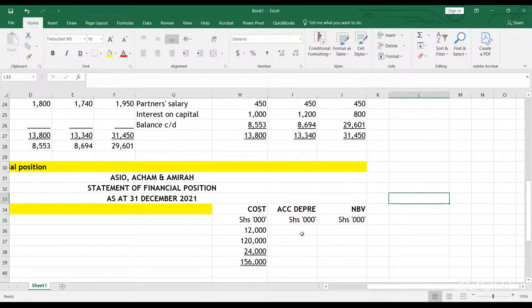Now we are going to look at the depreciation of these assets. Remember, non-current assets depreciate. So we have to get their depreciation. And this is accumulated depreciation. So we are going to compare the accumulated depreciation. Let's first look at the question and see what we have there.